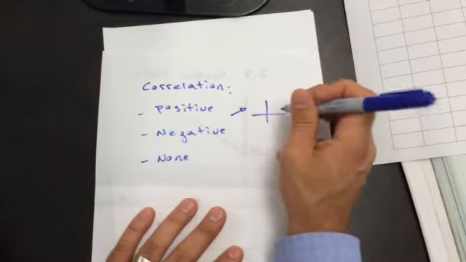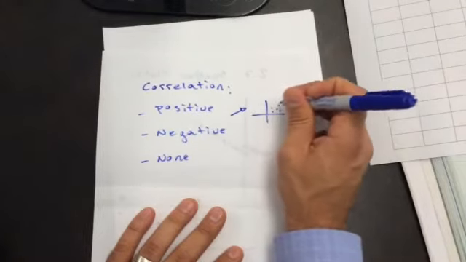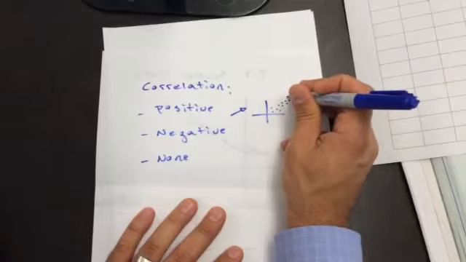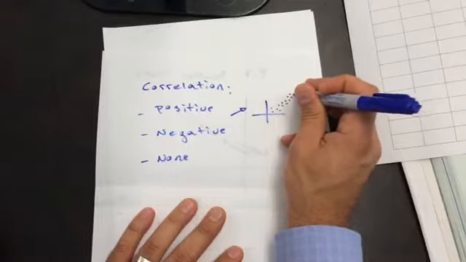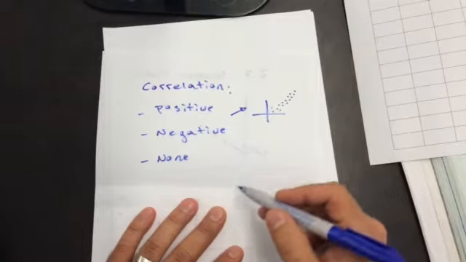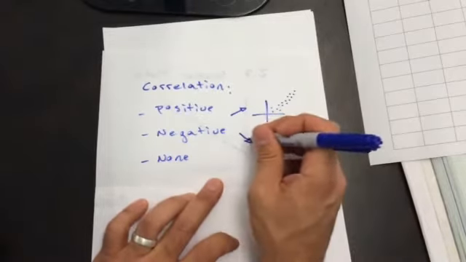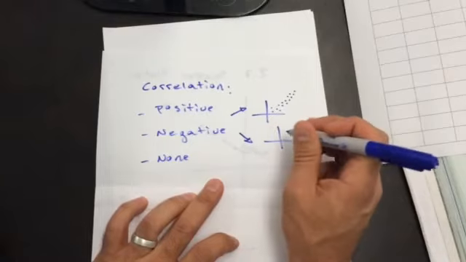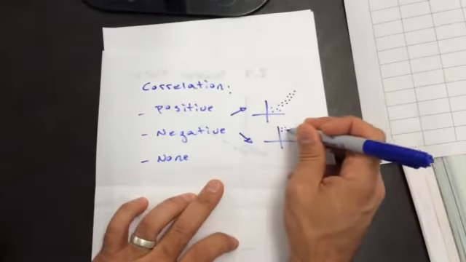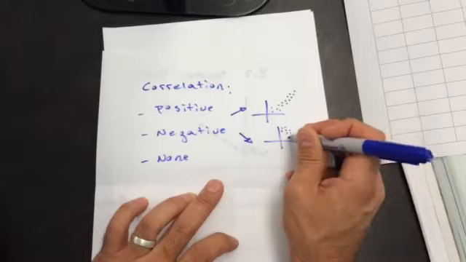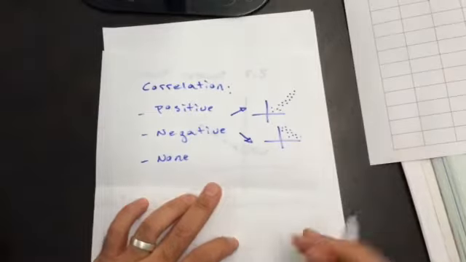So that example that I just did would be a positive correlation. It doesn't have to be exactly on. It just needs to look pretty much like it's going up and to the right. Negative means that it's going down and to the right. So as if it were the slope, it's got a negative correlation, meaning it's pretty much a negative slope.